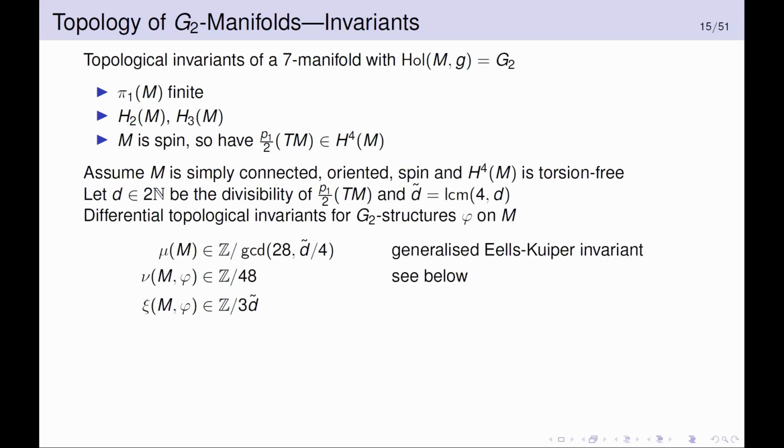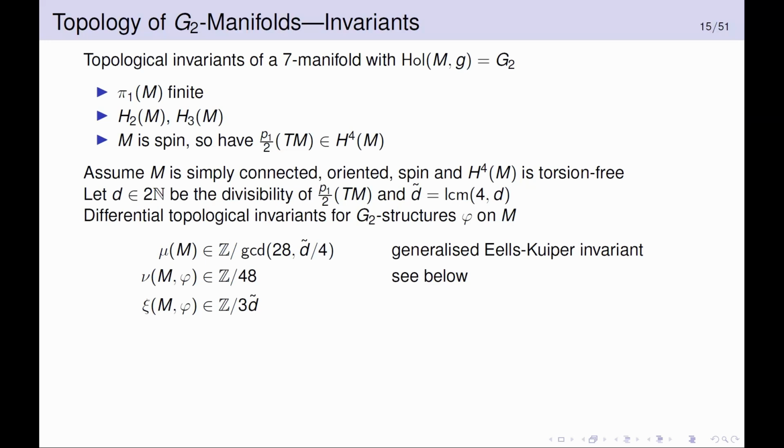And now Diarmuid Crowley and Johannes Nordström found a few more invariants. And for this, we assume for simplicity that M is simply connected, oriented, spin, we know, and we assume that H4 of M is torsion. And now we take the divisibility of the half Pontryagin class; by Wall's formulas, that's an even number, call it d, and we take the least common multiple of d and 4 and call this d twiddle.